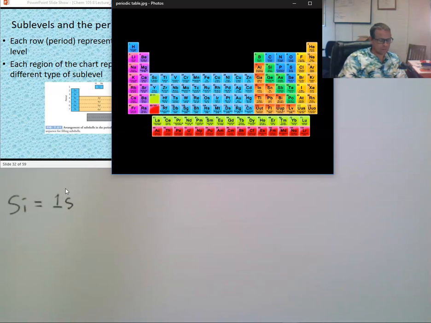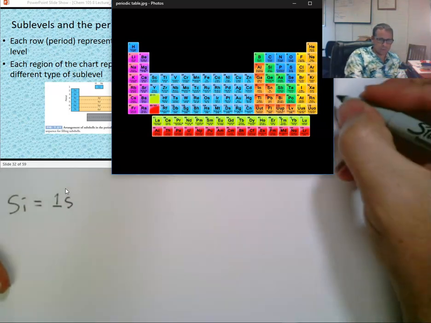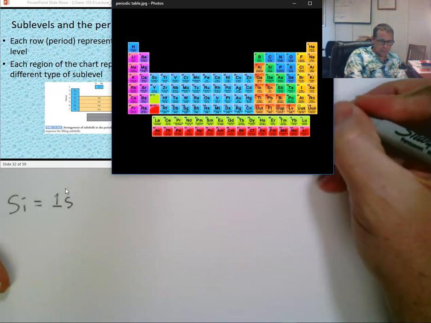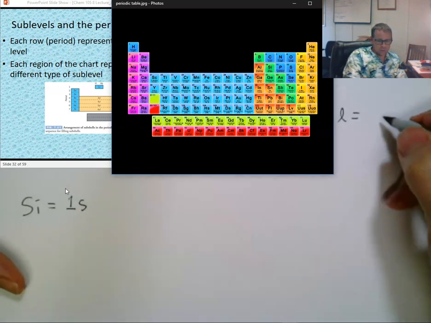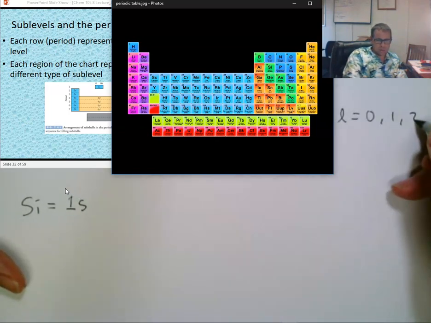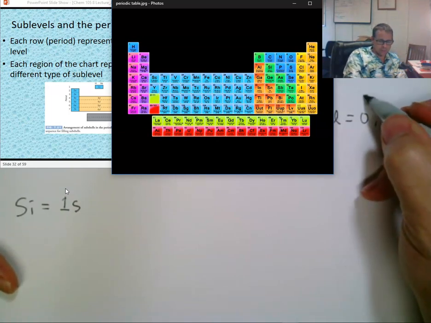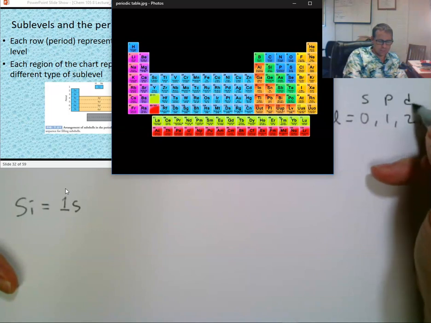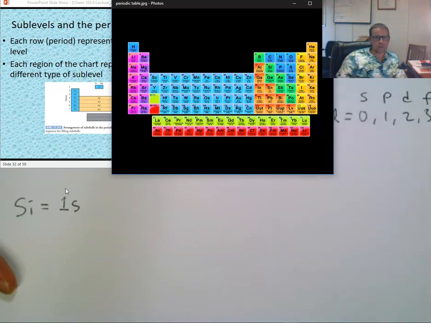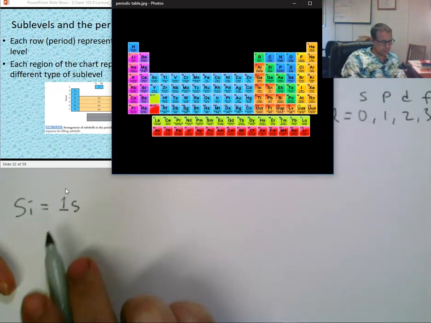Very good. Let's do a quick review: for L equals 0, 1, 2, or 3, we have the shorthand letters S, P, D, and F to refer to those L values.